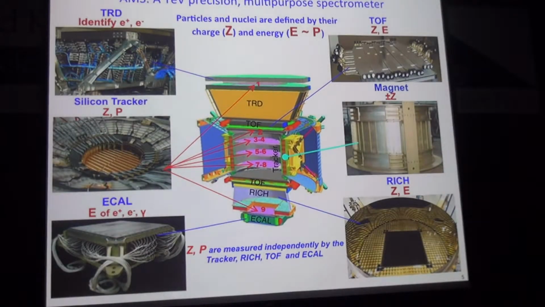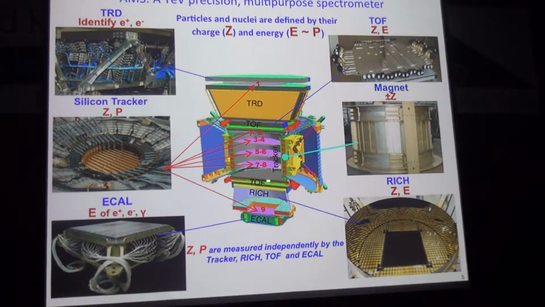So this is the AMS detector. As I mentioned, there's a transition radiation detector. There's a magnet in the middle with a tracker. The purple detector is a tracker, 9 layers of tracker. We have the time of flight detector shown here, which gives us the trigger.